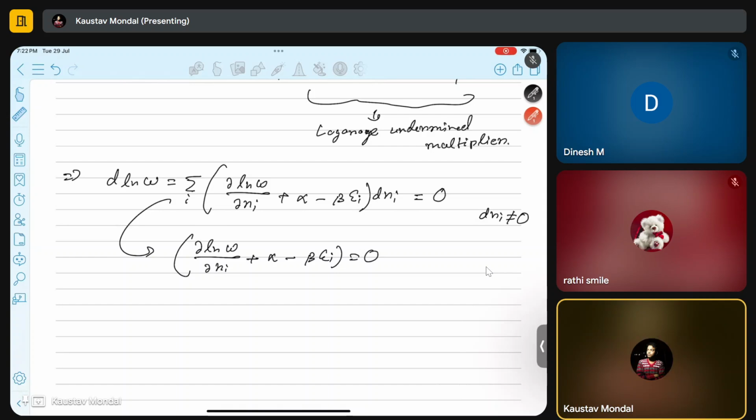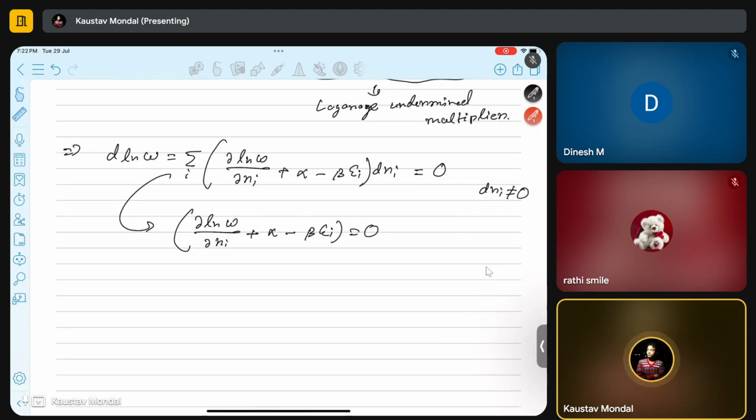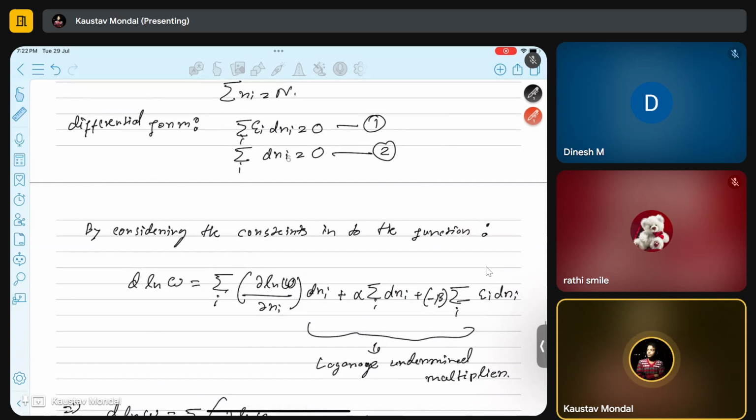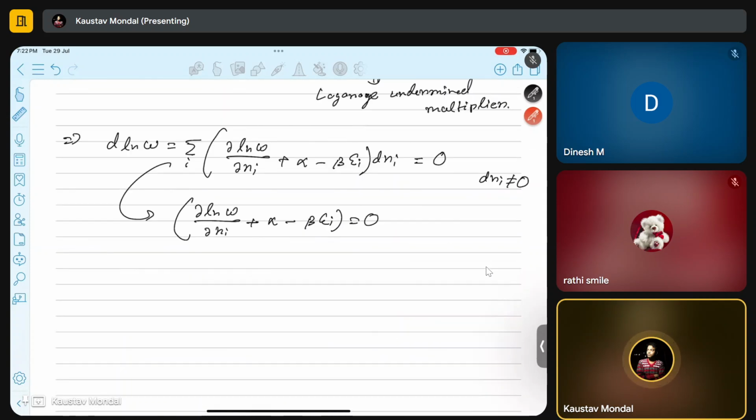Okay, so this is the form that we get after considering all the constraints in the equation. This is the final form that we get.